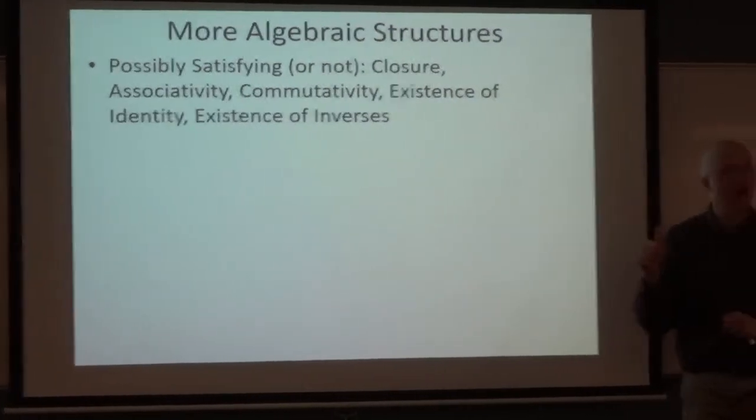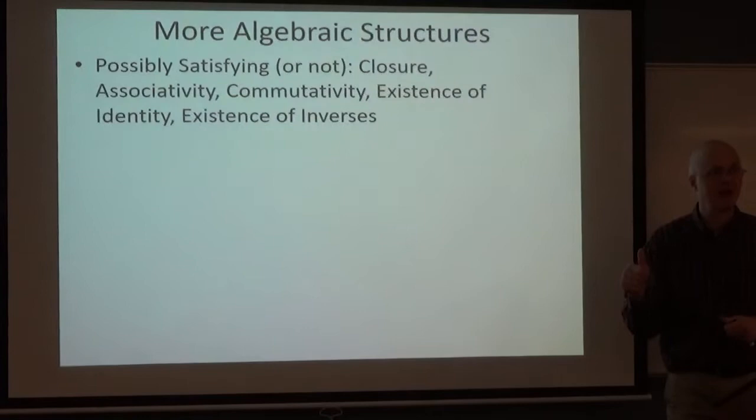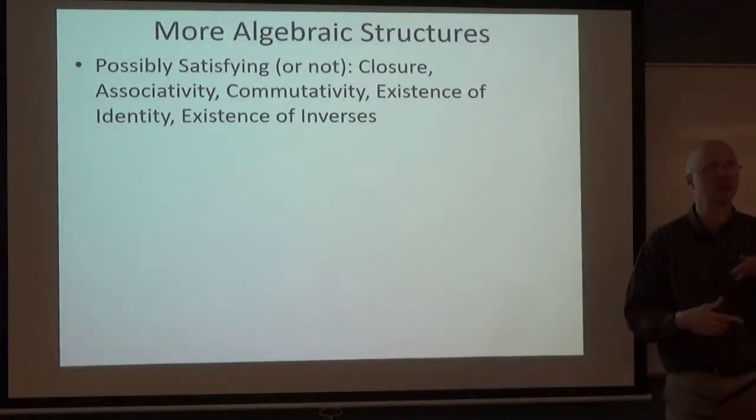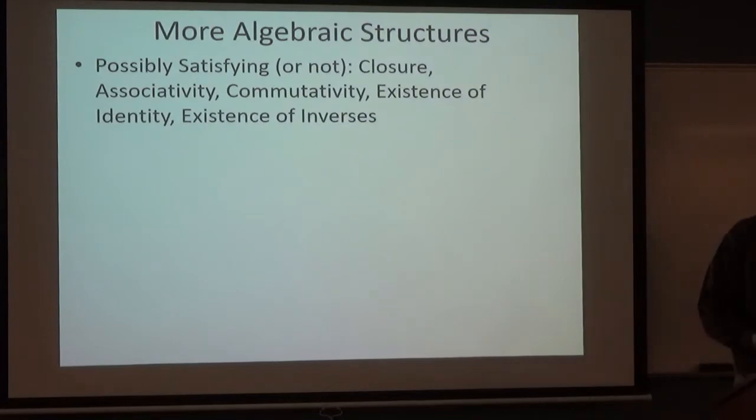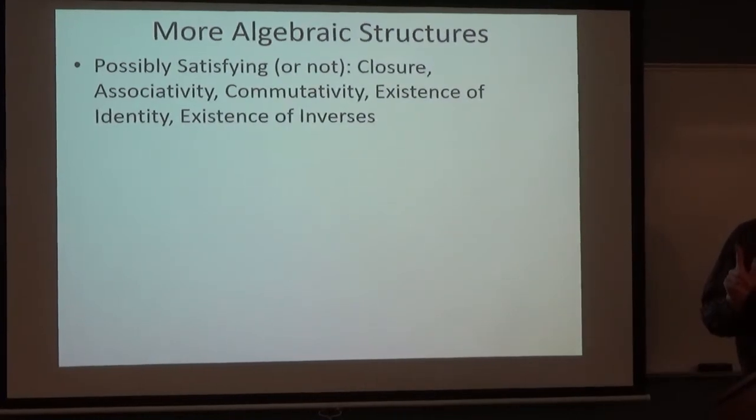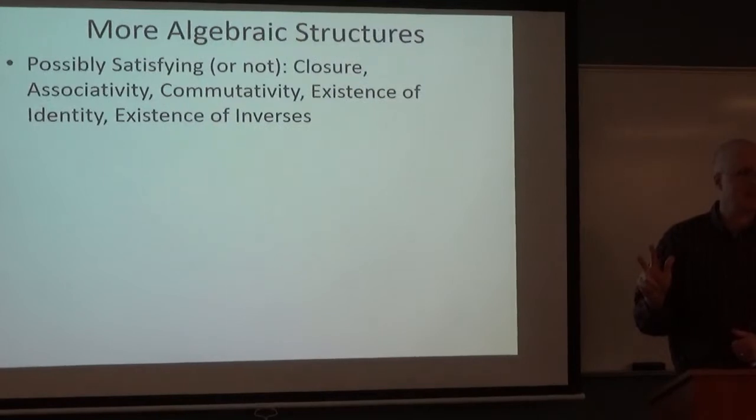Under addition, they are closed. It's a binary operation, and the binary operation, in our book at least, is assumed to be closed when you say a binary operation. You've got associativity, you've got existence of an identity, and you've got existence of inverses, in those cases, additive inverses.